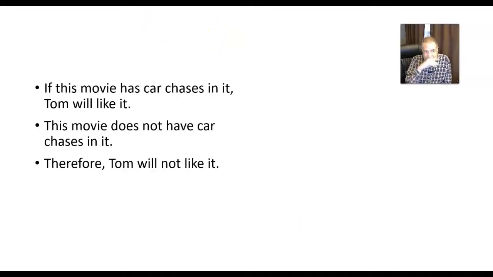Let's try this one. If this movie has car chases in it, Tom will like it. This movie does not have car chases in it. Therefore, Tom will not like it. So in symbols, if P, then Q. Not P. Remember, P stands for the movie has car chases in it. So the second premise is the negation of that.